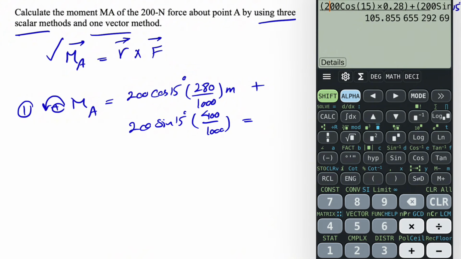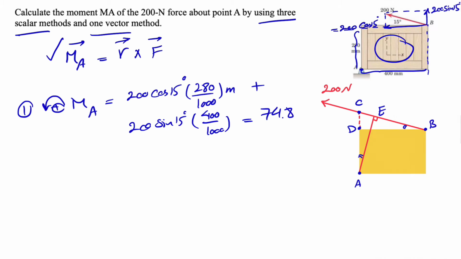So 200 sine of 15 times 400 divided by 1,000, 0.4, and that's going to give us 74.79, or we can round it up to 74.8. Again, the force is in Newton and the distance is in meters, so Newton meters. That's the first scalar method.